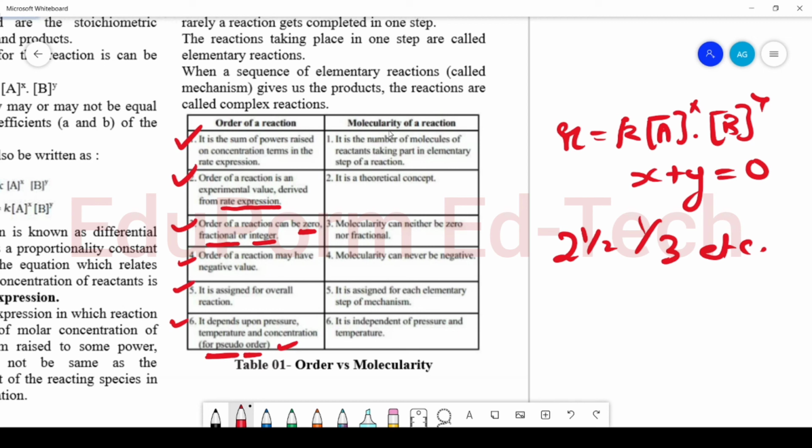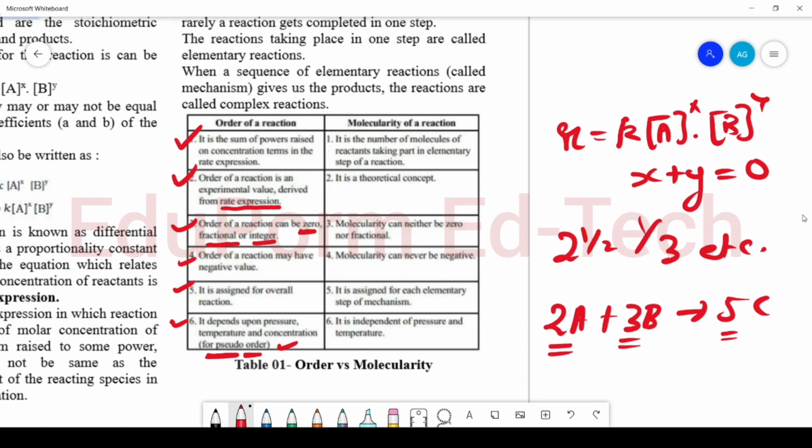Now molecularity of reaction. Molecularity is the number of molecules of reactants taking part in an elementary step of reaction. For example, I have 2A plus 3B gives 5C. So here we are using 2 moles, here we are using 3 moles, and here we are using 5 moles.